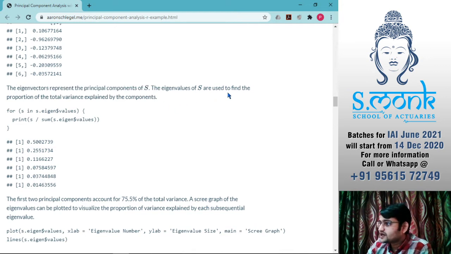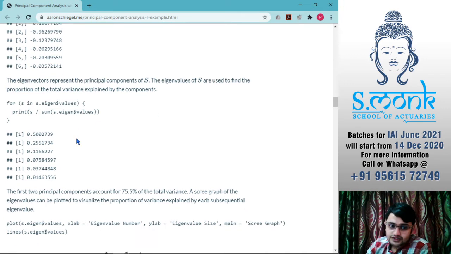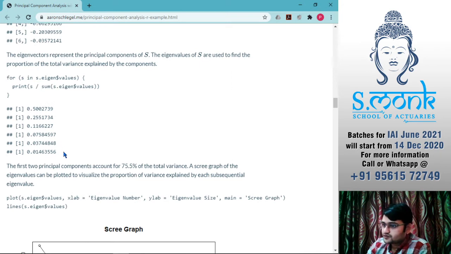The eigenvalues of S are used to find the proportion of the total variance explained by each component. So it's basically a ratio of different variances. These are the eigenvalues. The first two principal components account for 75% of the total variance. So these two values represent the majority of the data, about 75%.